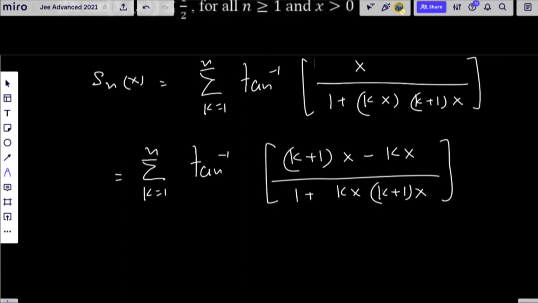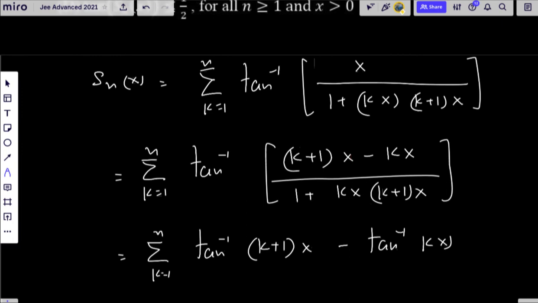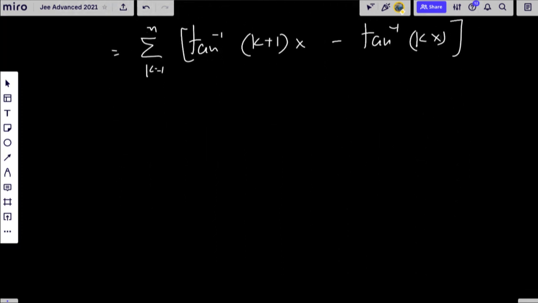So we can see over here, we write sigma of k equal to 1 to n of tan inverse of k plus 1 x minus tan inverse of kx. Okay, and now substitute these values by using the Vn method.